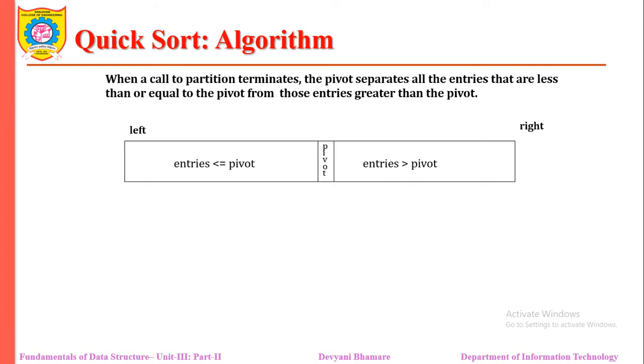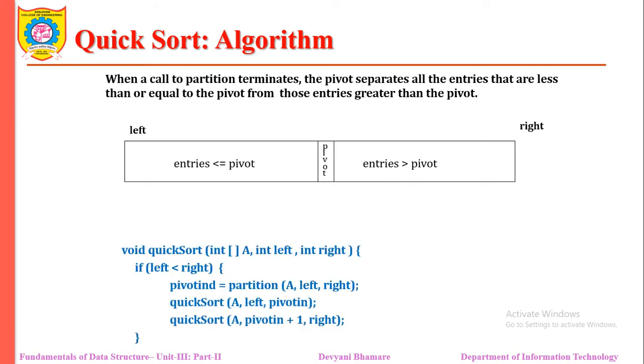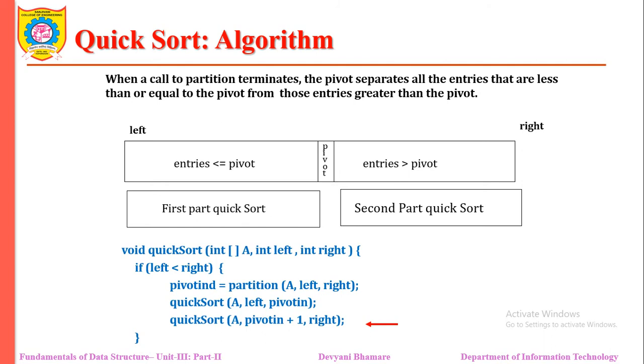So when we call partitioning, the pivot element is in its proper place, all elements on the left-hand side are less than the pivot and all elements on the right-hand side are greater than the pivot. Recursively, we apply the quicksort technique on the first array and on the second array.